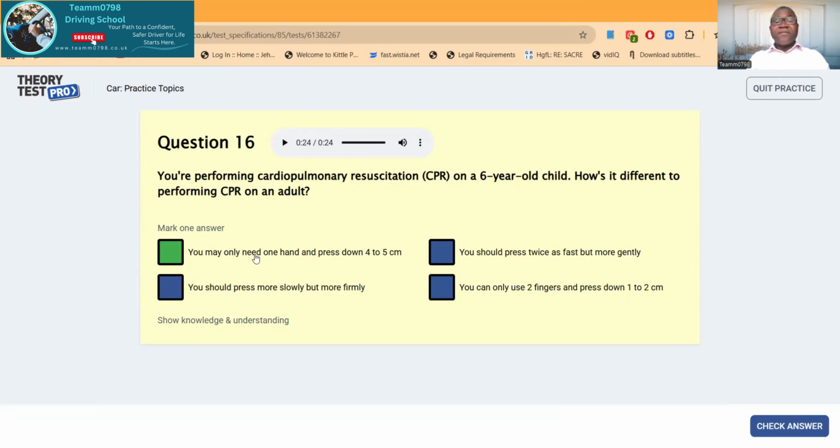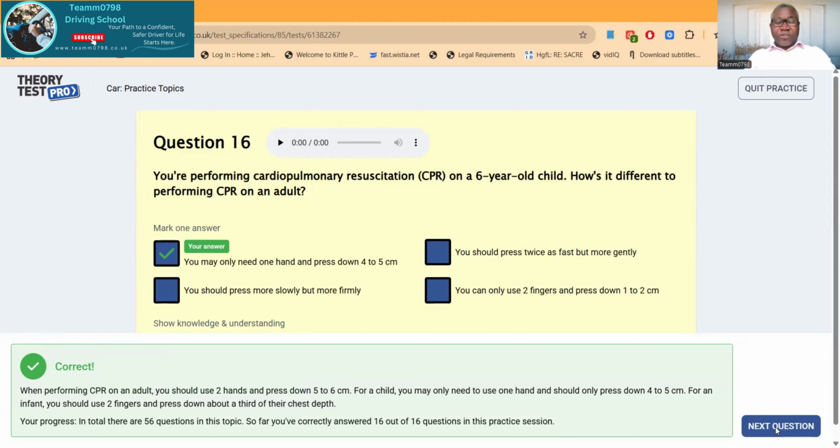My gut feeling is 4 to 6 centimeters because it's a 6-year-old. If it's a child, a 6-year-old is a child as well. Anyway, one of them, say a minor, should be 4 to 5 centimeters with one hand. So it's between these two, okay? It's between these two.